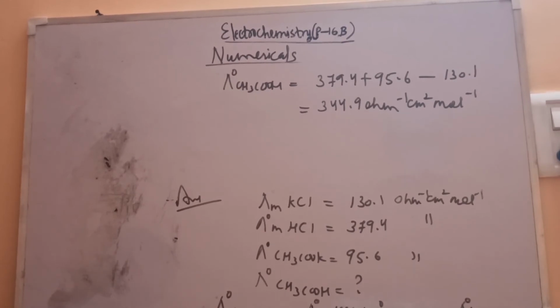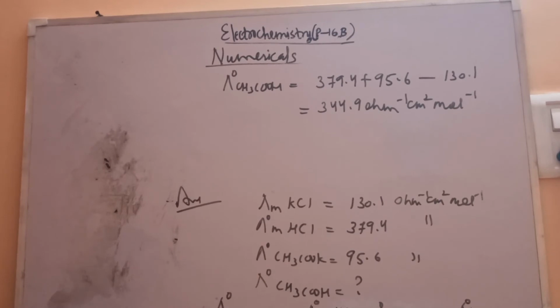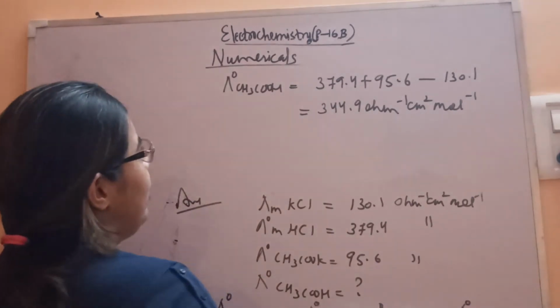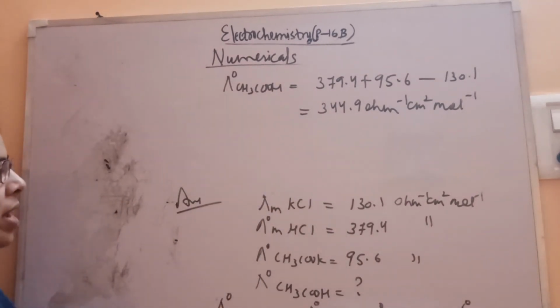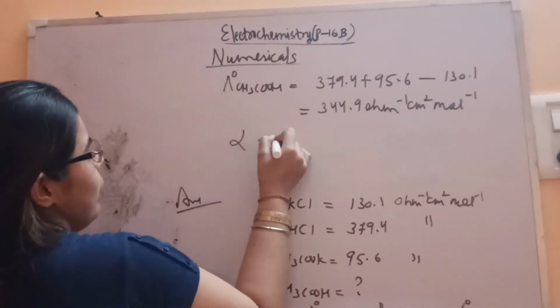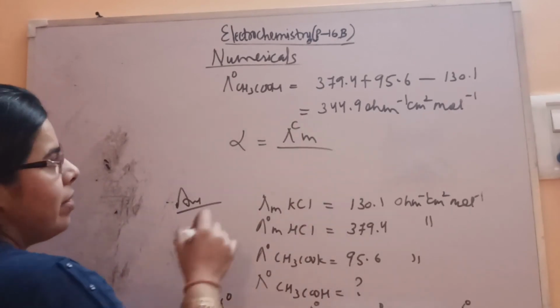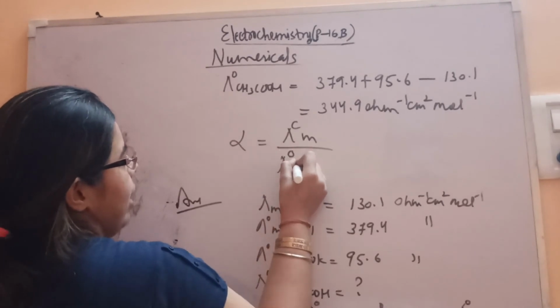379.4 add 95.6 and then subtract 130.1. You will get 344.9. This is the molar conductivity of acetic acid at infinite dilution we have got. Now the second part is you have to calculate alpha, which is the ratio of molar conductivity at given concentration and molar conductivity at infinite dilution.